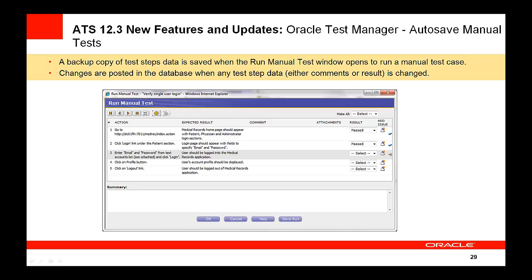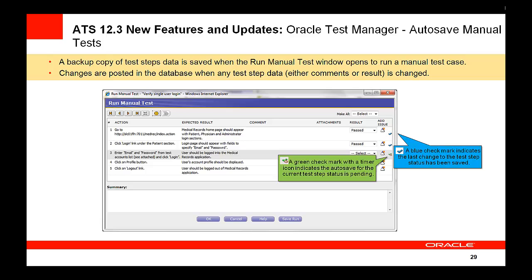A backup copy of test step data is saved along the way when the Run Manual Test window opens. Changes are saved to the database when comments or result is updated for a test step. As mentioned previously, a blue check mark indicates the last change to the test step status has been saved, and a green check mark with a timer icon indicates the autosave for the current test step status is pending.